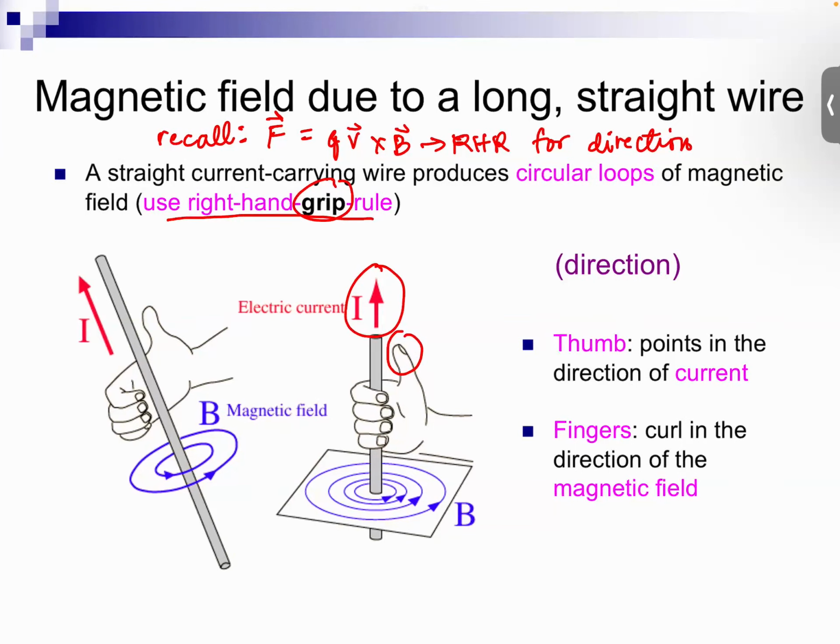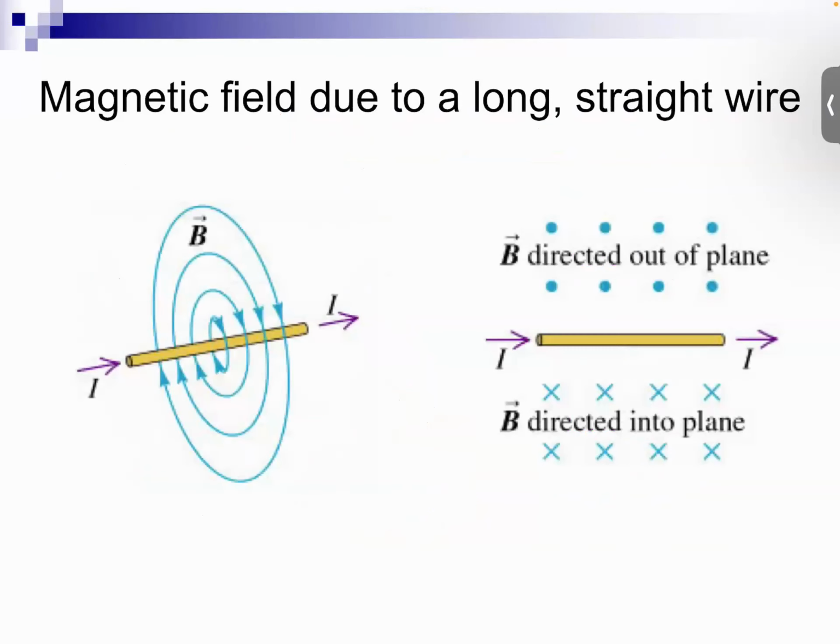So if you find the direction of the magnetic field at each point along this circular path, notice how the direction of the magnetic field should be tangent to the circular path, but it's changing at every point along the circular path. So just keep in mind that the magnetic field around a wire keeps changing in direction.